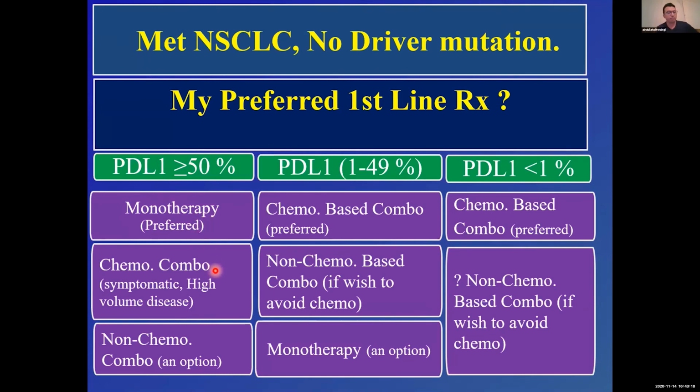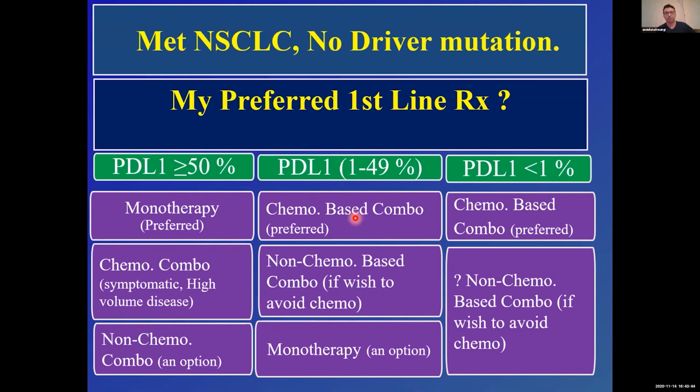Chemotherapy-based immunotherapy is also another potential option, especially for those patients with high volume disease, since the chemotherapy addition to immunotherapy can add to the response rate, and the response rate sometimes might be important, especially for high disease burden and symptomatic patients.